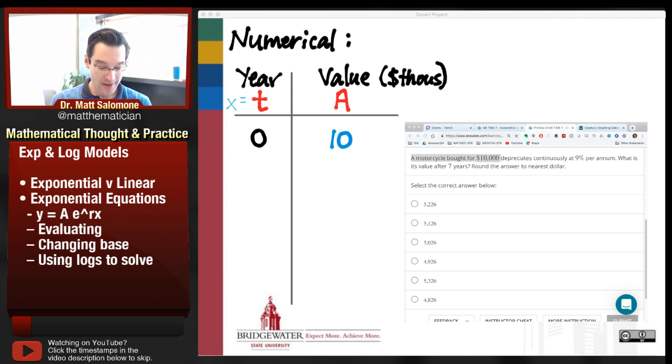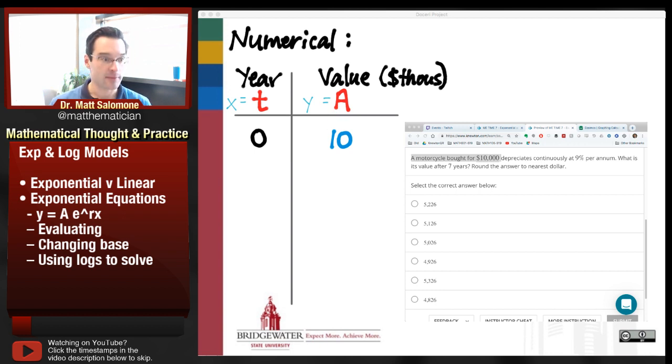And we're probably going to take the value of this motorcycle and make it my Y variable. That's just probably what we're going to do with this data when it comes time to actually putting it onto a Cartesian coordinate system and graphing it to be able to make some predictions. But just so that we can retain some meaningfulness in the variable names that we choose, I'm going to let T represent the year, because T somehow stands for time, and A represent the value of this motorcycle. Maybe A stands for amount of money or something like that.